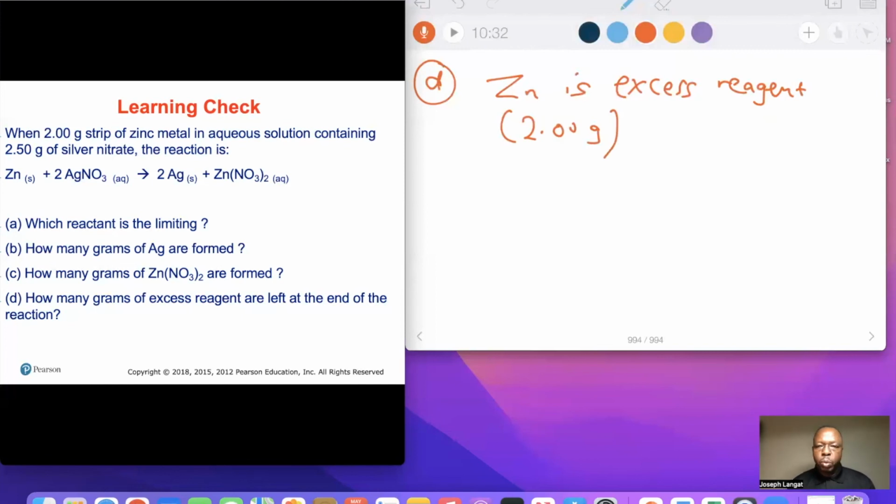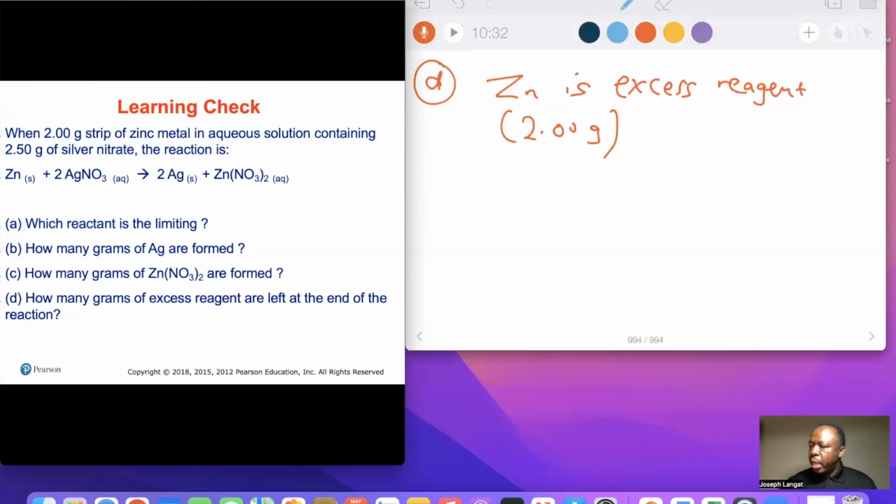Not all 2 grams will be used. So how are we going to determine the leftover? We will use the mole ratio between silver nitrate and zinc to figure out how many grams of zinc will react with all the moles of the limiting reagent.